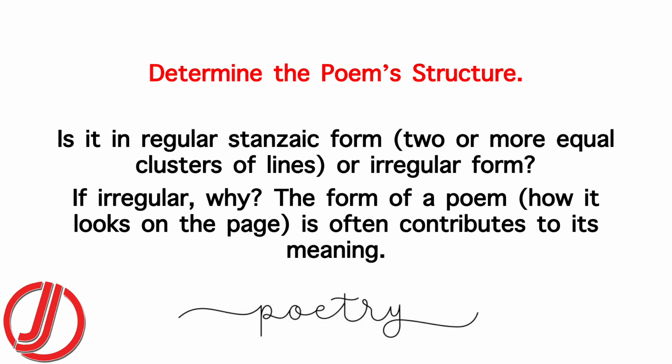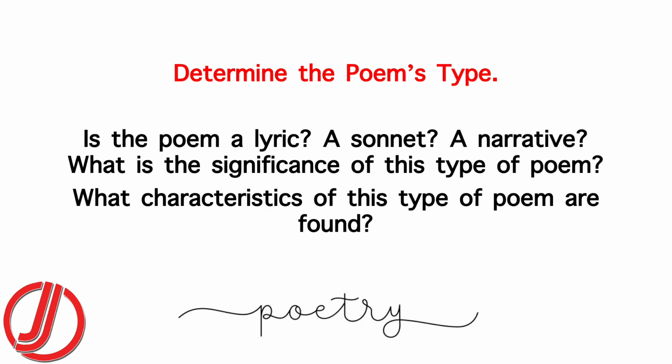Maybe the writer wants a free writing structure. The form of the poem, or how it looks on the page, often contributes to its meaning. Then try to determine the poem's type.